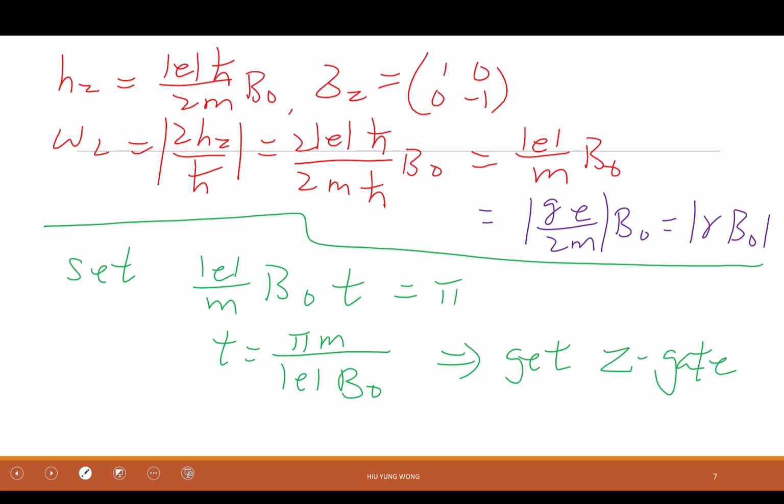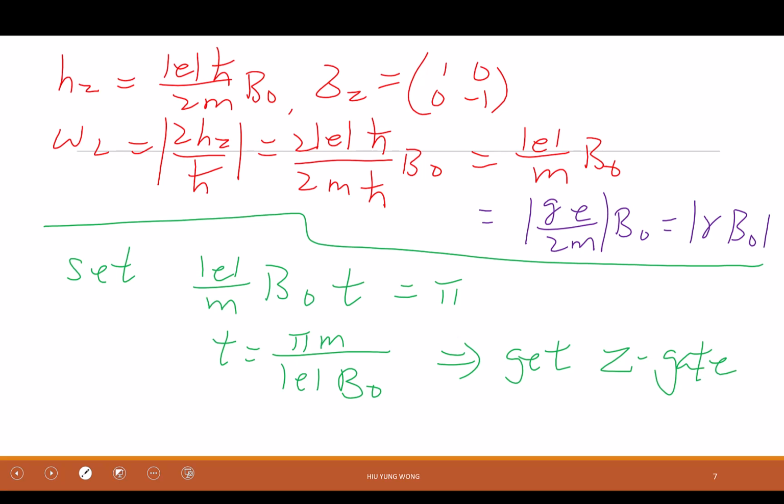You just change your frame of reference in your calculation. It's as if you rotated about the Bloch sphere by a certain angle, and you also don't care about the global phase.